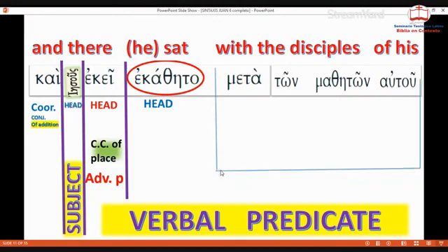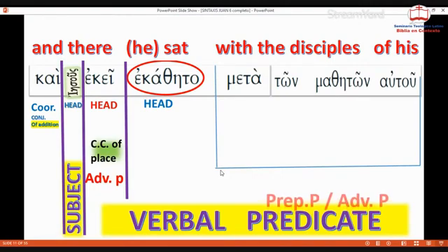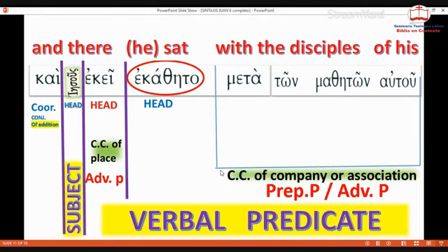Now we have this phrase introduced by the preposition meta, meta tōn mathētōn autou, and in this case it is also a prepositional phrase, in general functioning as an adverbial phrase modifying the main verb ekathīzeto. And meta tōn mathētōn autou specifically is working as a circumstantial complement of company or association. Okay, it tells with whom Jesus sat there at the mountain.